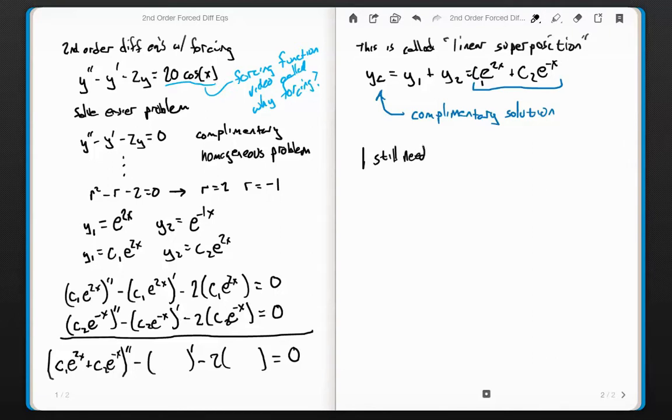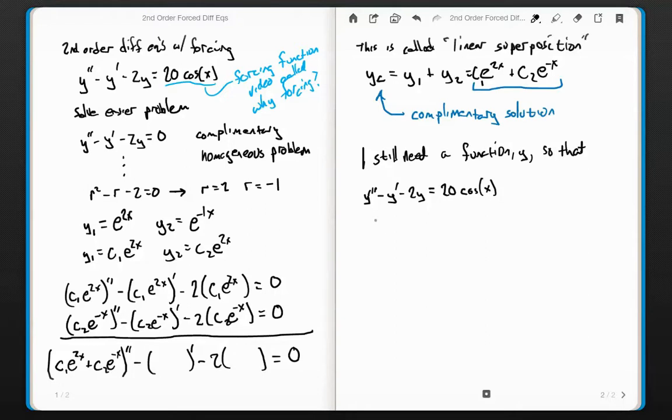I still need a function y so that y double prime minus y prime minus 2y doesn't equal 0. I want it to equal 20 times the cosine of x. All right, this is the problem I'm after. So this is what I need to pursue.